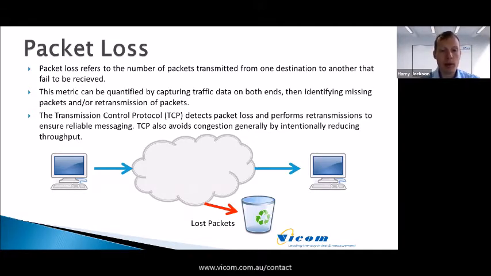Now, an important capability of TCP with regards to packet loss is that TCP can intentionally reduce the throughput of a given Ethernet link. Now, the reason it does that is if you've got a given link and it's operating pretty close to capacity where you're getting a high number of packets of data that are lost, it's got to continually request retransmission of those lost packets.